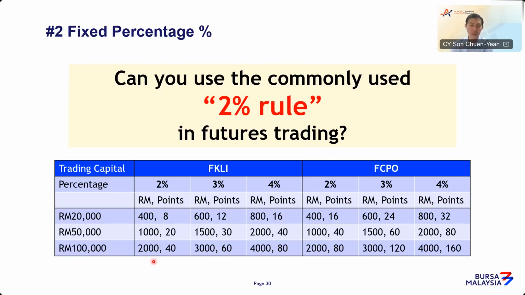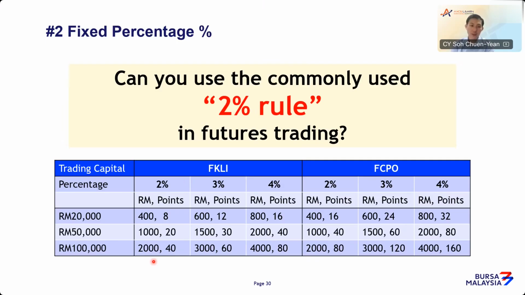If you look at it in terms of points, especially when the market is very, very volatile, it will seem that your cut loss level can be too narrow already. Which means during a volatile market environment, it can be easily triggered.